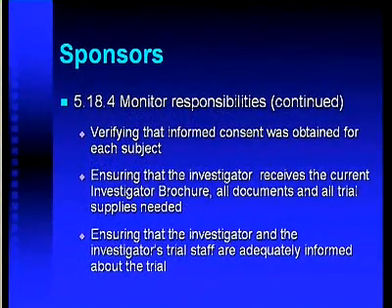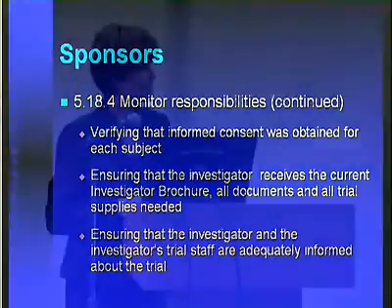Okay, monitors are also responsible for verifying that informed consent was obtained for each subject, ensuring that the investigator receives the current investigator brochure, all documents, and all supplies that are needed to conduct the study. They're responsible for ensuring that the investigator and the staff are adequately informed about the trial.